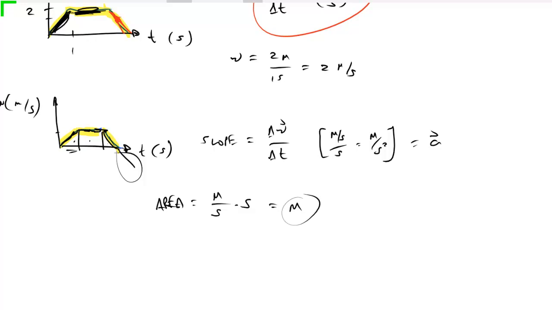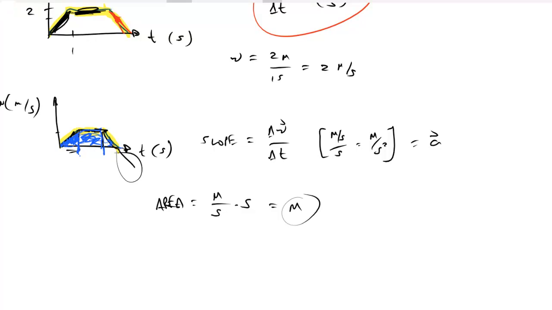And so if I want to find out how far a particle displaces, let's say here from time equal to 0 to time equal to 1 second, then that would be the same as this area right here. That would be the displacement after this amount of time. If I wanted to find the displacement after this amount of time, then I would take the entire area here, and so on.